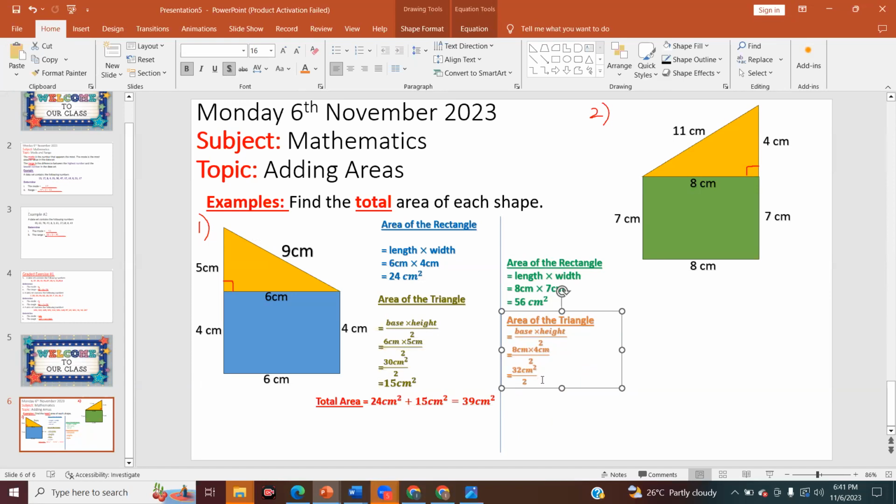Now we need the area of the triangle. Put your answer inside the chat, please. What do you think it is? Again, put your answer inside the chat. Tell me what you think it is.